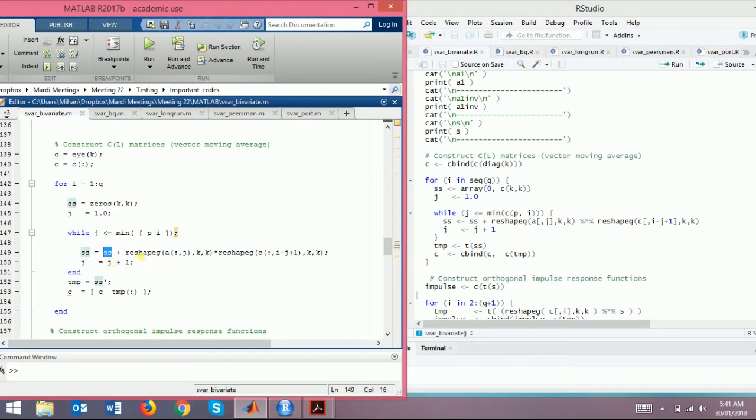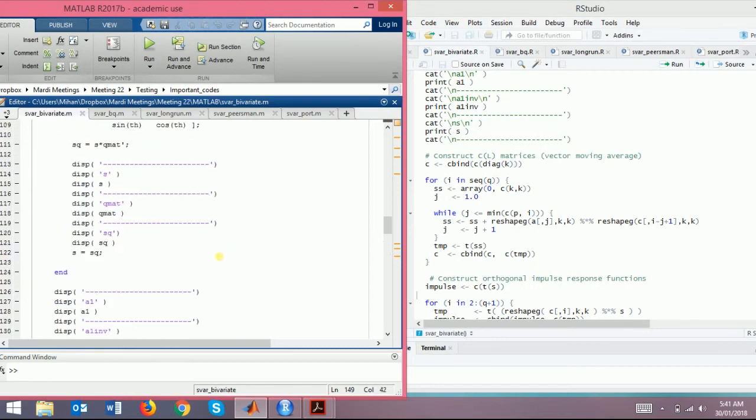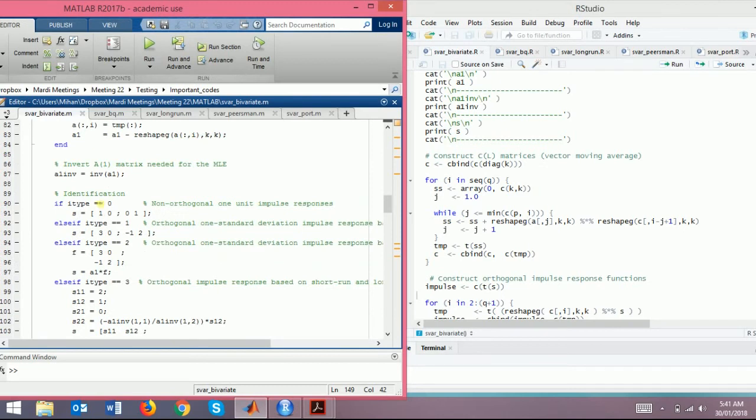Then psi 1 will grow with this, psi 1 I, which is basically phi 1 I, which is phi I, same thing. Why is it the same thing? Because we have already taken the inverse of a1.